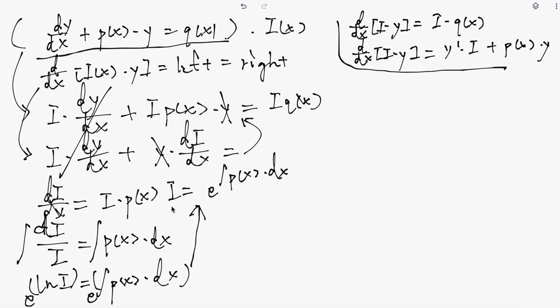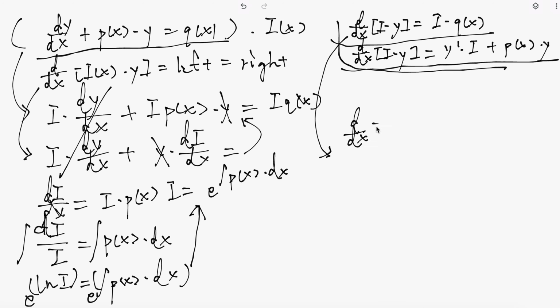So now we get a result from the second separable differential equation here. And then now we can work on the first one. This is the amazing part. So d over dx of I times y is equal to I times Q(x).